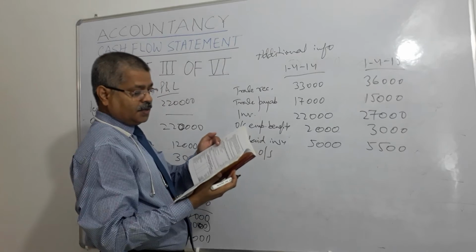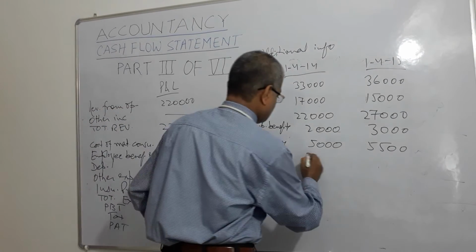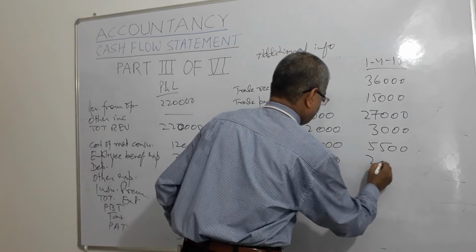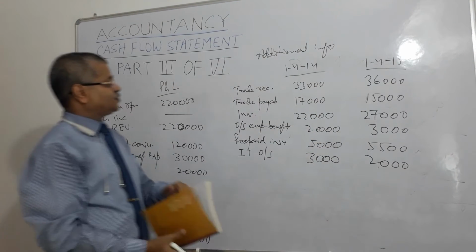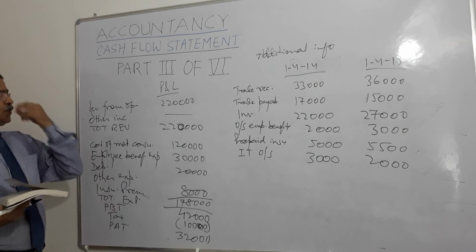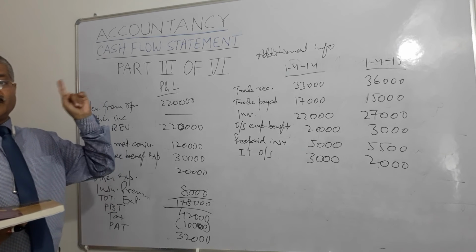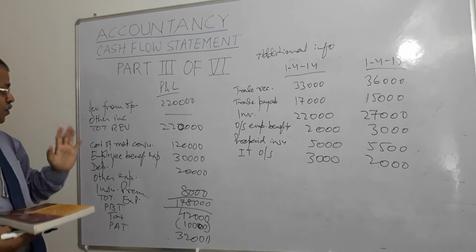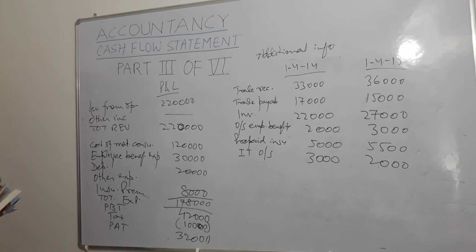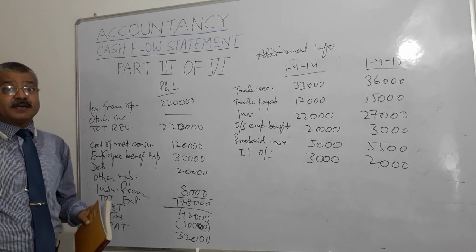Income tax outstanding 3,000 and 2,000. So you have already seen those four major items. What we need to do is work out how we arrive at those four items.